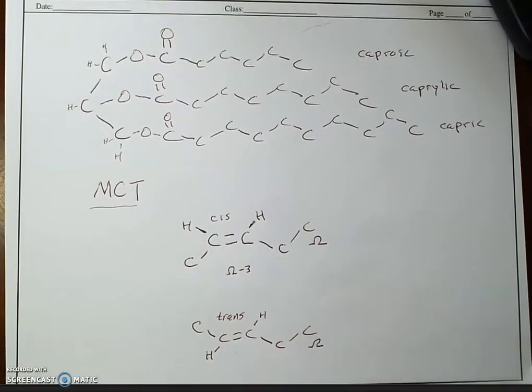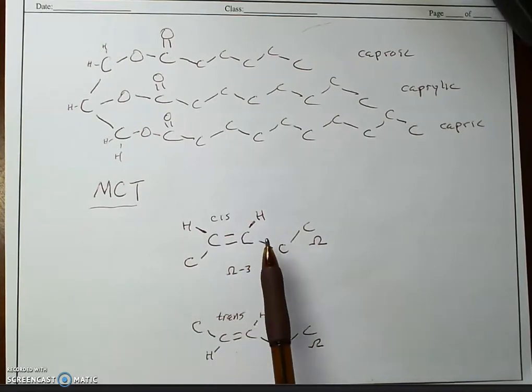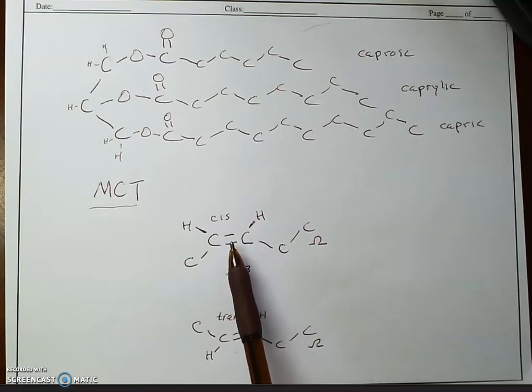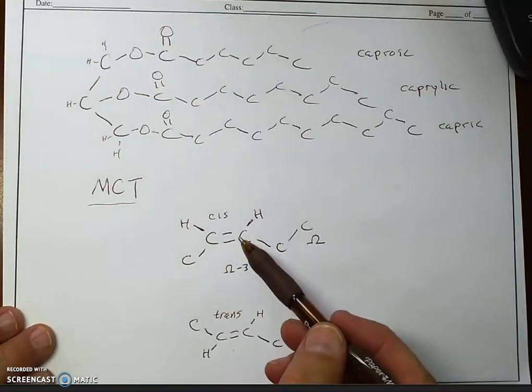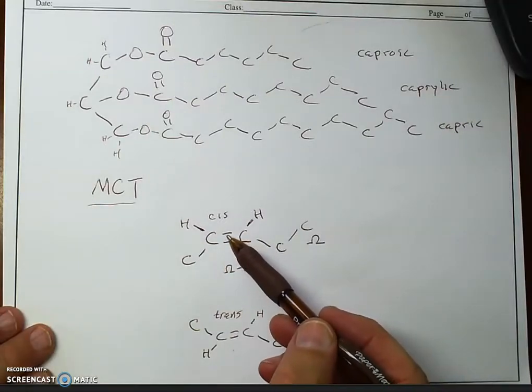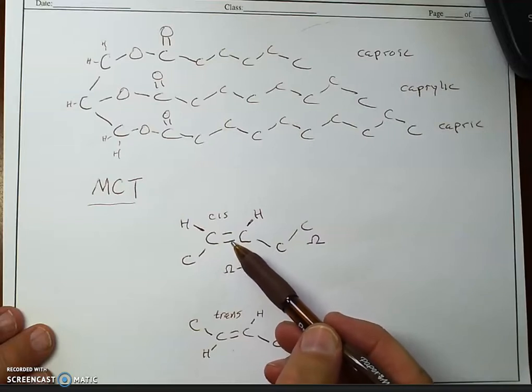Again, the trans fats are generally not natural. They occur when people take a cis unsaturated fatty acid and artificially break half of this double bond. If you're watching this, you've probably had earlier parts of organic chemistry to know that double bonds consist of two different types of bond called sigma and pi.